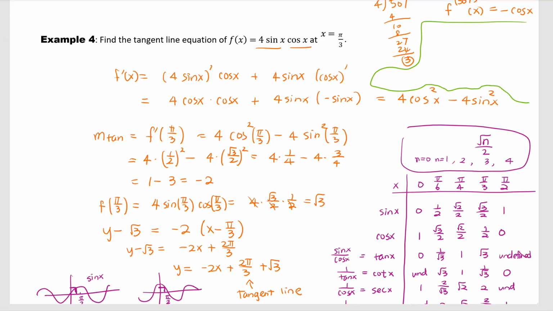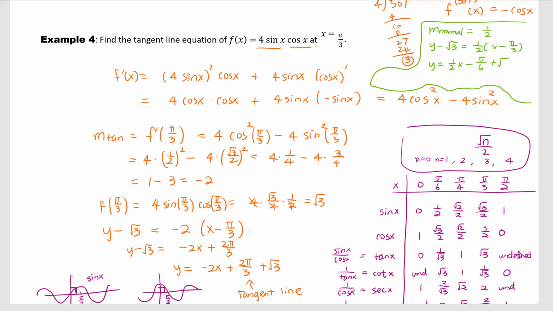For the normal line, m normal is going to be the negative reciprocal of m tangent. So it's going to be 1/2. Then the normal line is y minus the y coordinate, still the same thing, equals 1/2 times x minus the x coordinate. So you distribute: 1/2 x minus pi over 6.